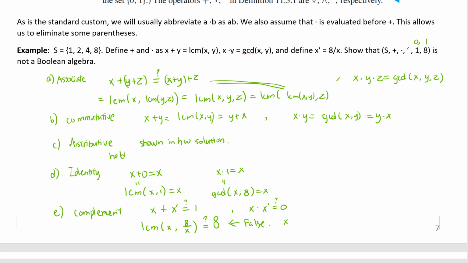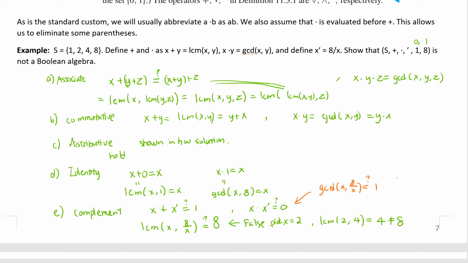Why? You can pick x equals 2. Then 8 divided by 2 is 4. The LCM of 2 and 4 is 4, which is not 8. So that's why it is false. And also we can show it here for the GCD of x and 8 over x equals 1.